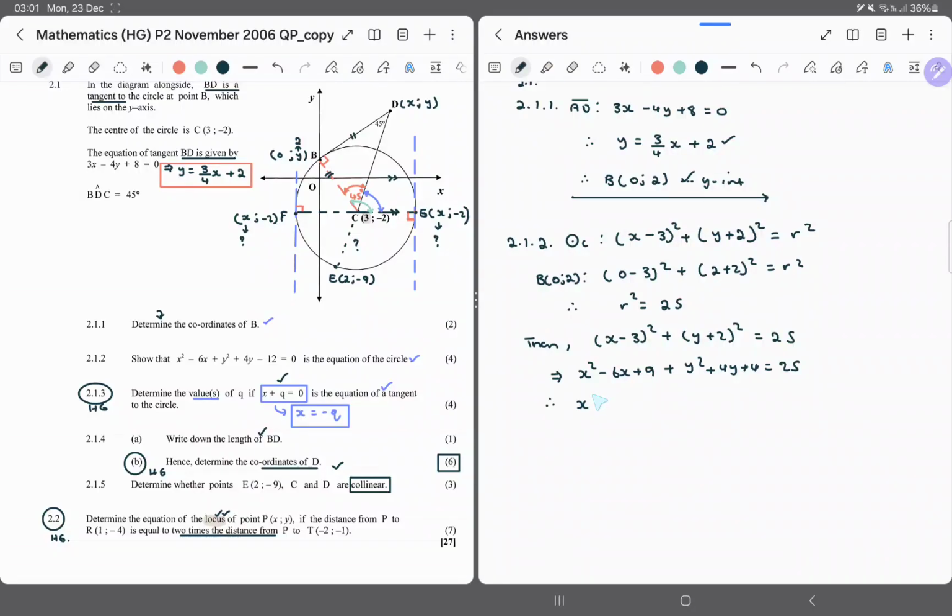We know that x squared minus 6x plus y squared plus 4y minus, we transpose this, but now this is a bit dangerous, or it's not. 9 plus 4 is essentially 13. So 13 minus 25 is minus 12, equal to 0. So this is what we were supposed to show.